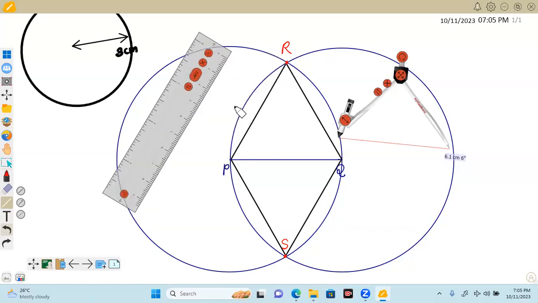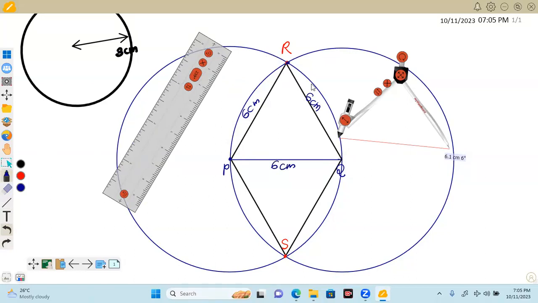You know P is the center, and PR is the radius of this particular circle. And QR is also the radius of this circle. Then PQ is also 6 centimeters.